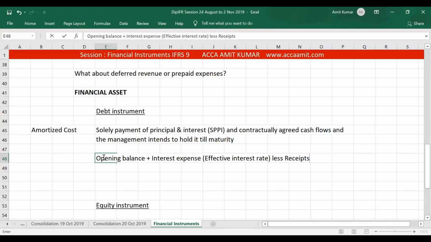Whatever payment the entity receives equals amortized cost.